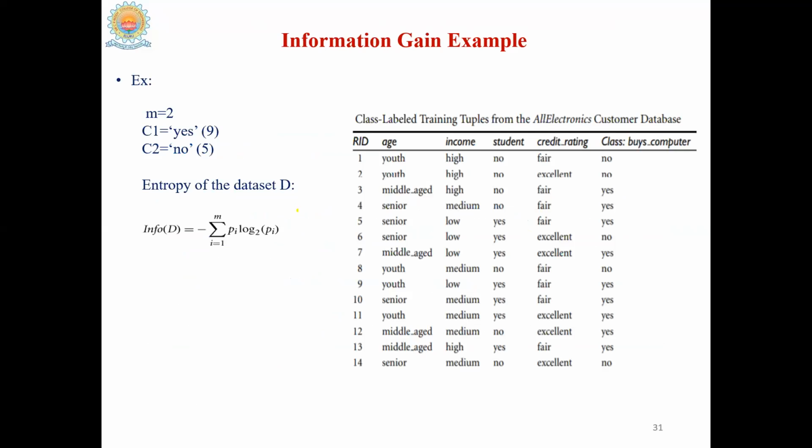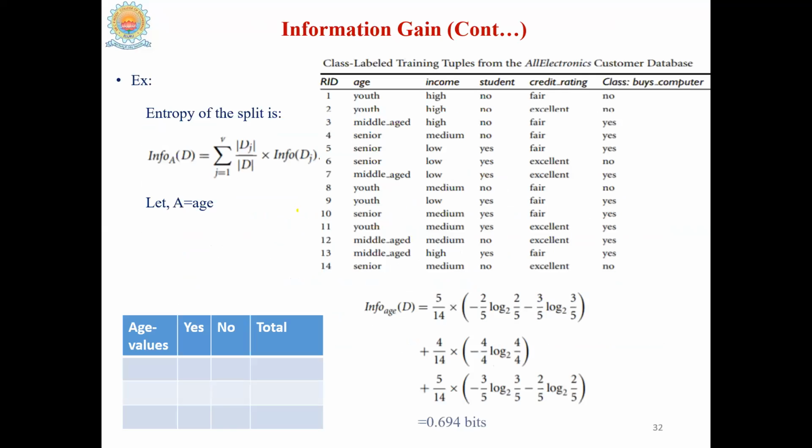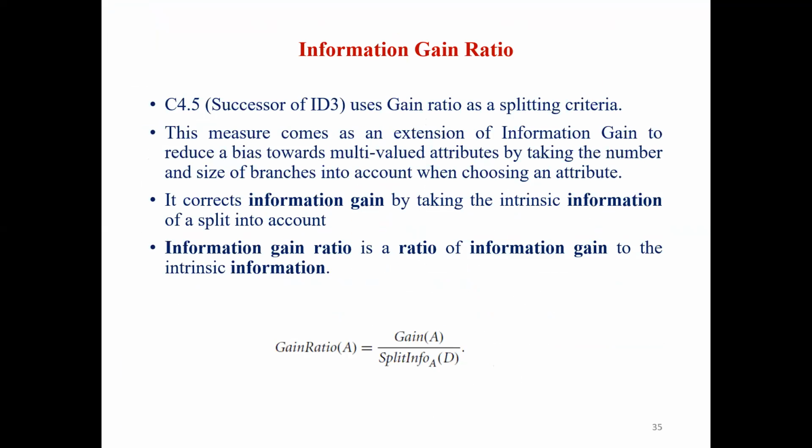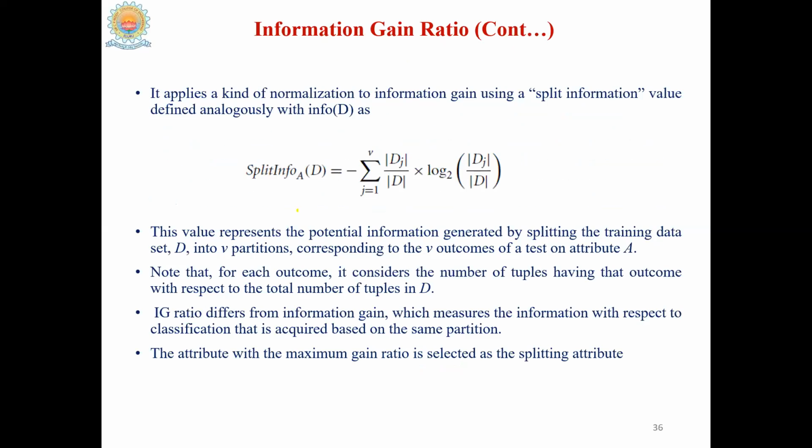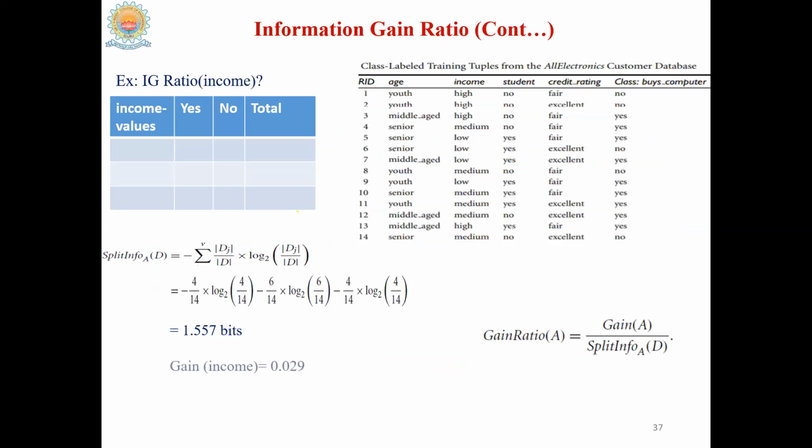And coming to the gain ratio, it overcomes the problem of bias towards attributes with multiple values. It is a kind of normalization of the information gain with the split information. So here we use the concept of split information. The next measure is the Gini index.